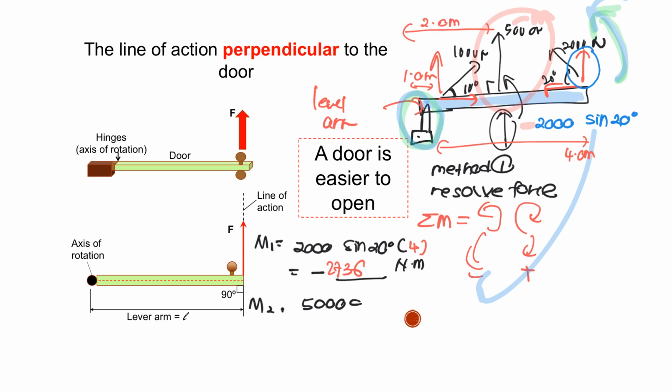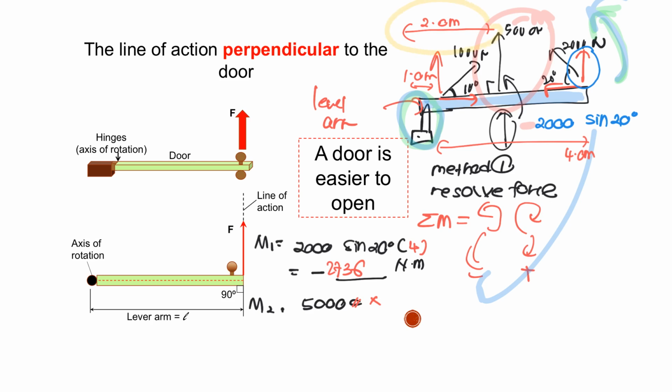Why does it become negative? Because it's anti-clockwise. Please take note, you only focus on moment for clockwise and anti-clockwise. For moment 2, 5,000, you need to multiply by the lever arm, which is now 2 meter.